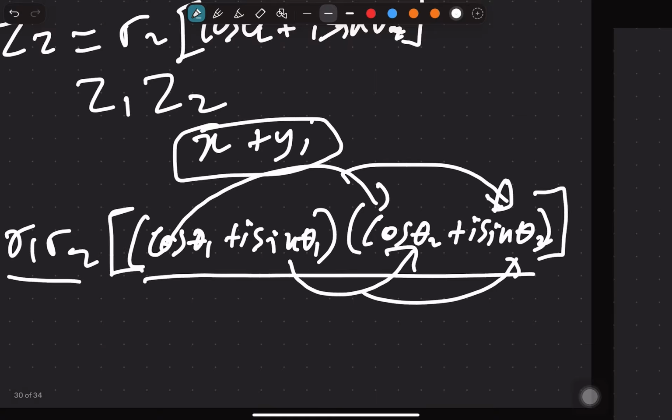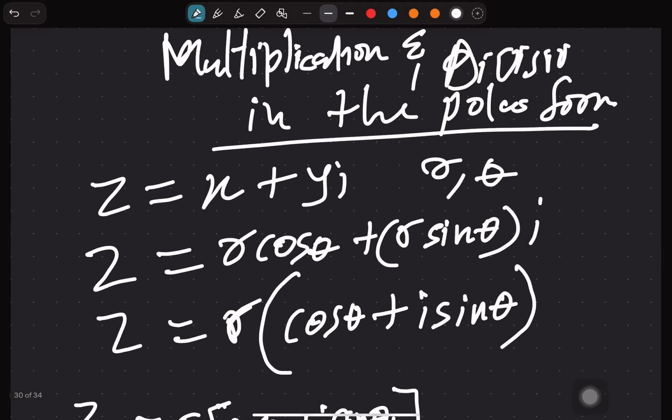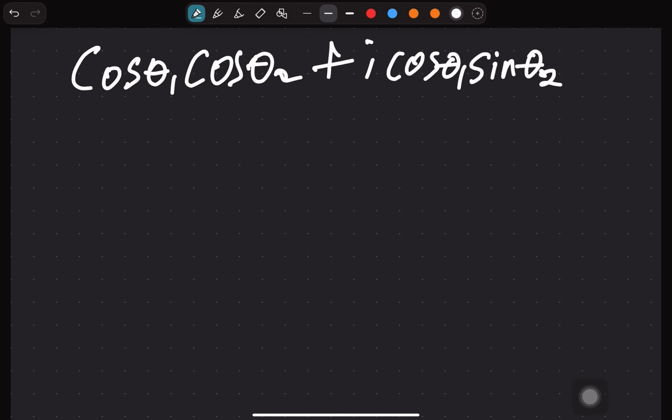So we have cos theta 1 cos theta 2, which is the first term, then cos theta 1 multiplies I sin theta 2, so plus I cos theta 1 sin theta 2.